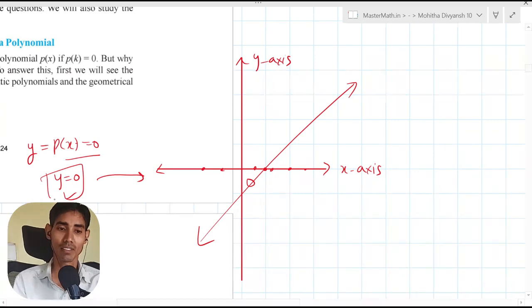It's at the point where it intersects the x-axis. Suppose (1, 0). That means there is one zero of this polynomial, because the line intersects only at one point on the x-axis where y is equal to 0 or p(x) is equal to 0.